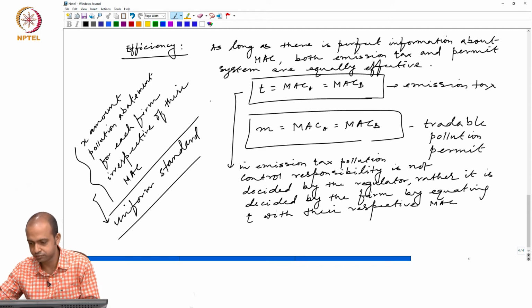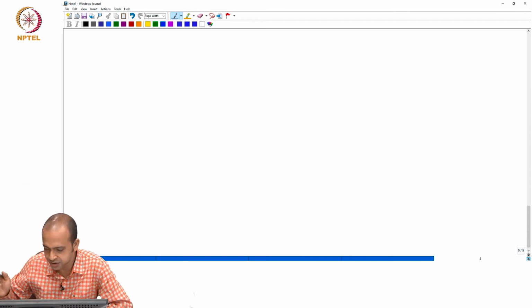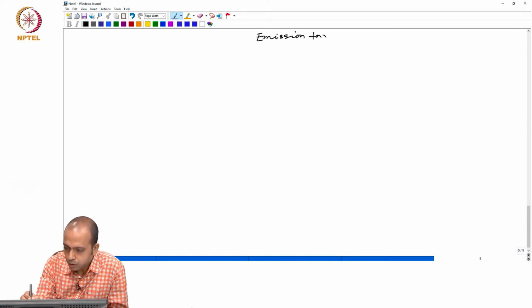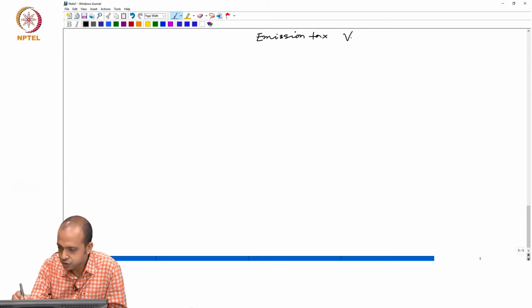Let us prove that. So, here we are discussing emission tax versus uniform standard.